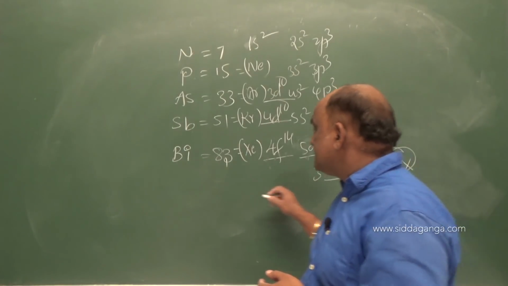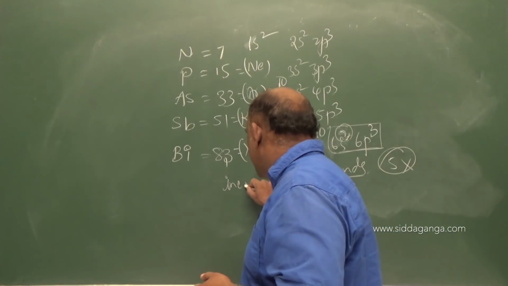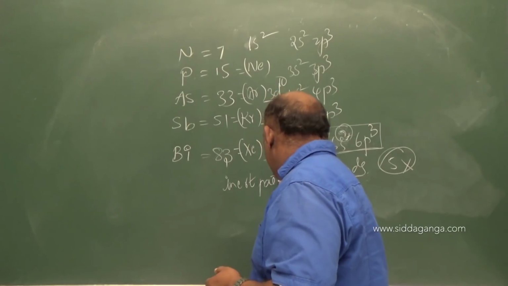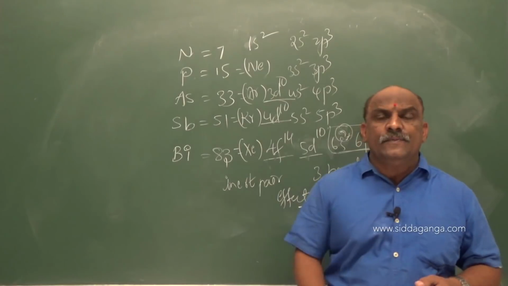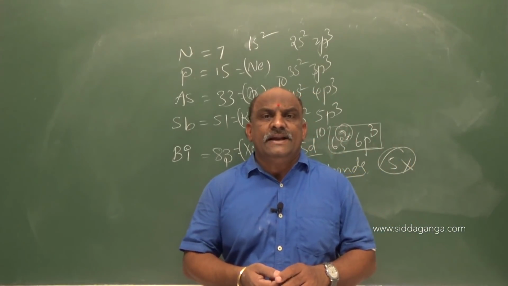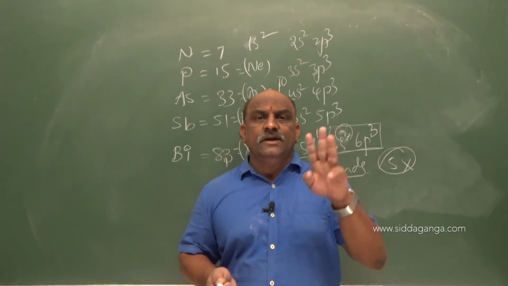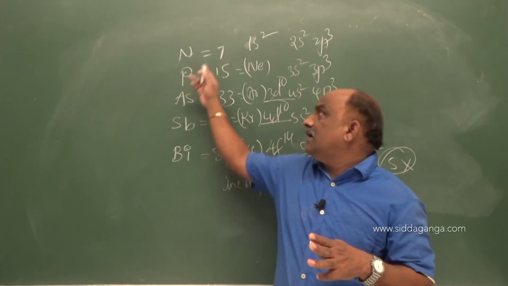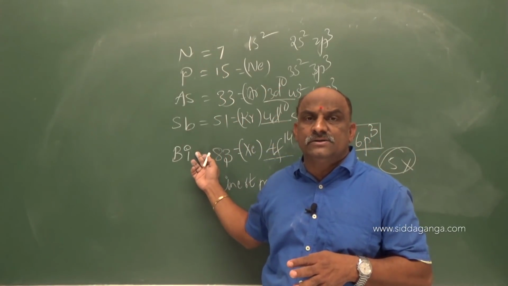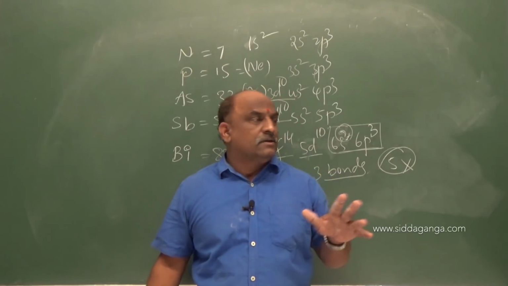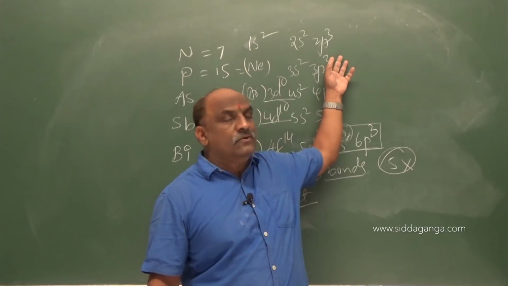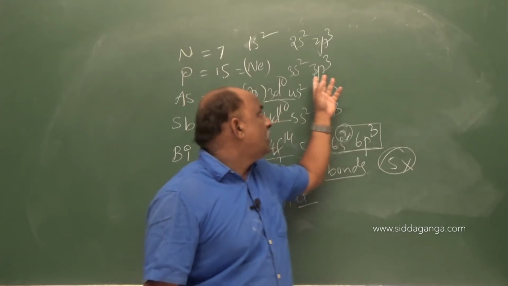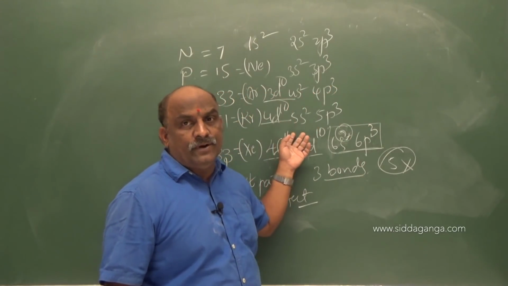This is explained in the form of the inert pair effect. Due to the inert pair effect, bismuth is ready to form how many bonds? 3 bonds. The remaining elements are ready to form how many bonds? 5 bonds. 3 bonds are possible for bismuth, and 5 bonds are possible for nitrogen, phosphorus, arsenic and antimony.